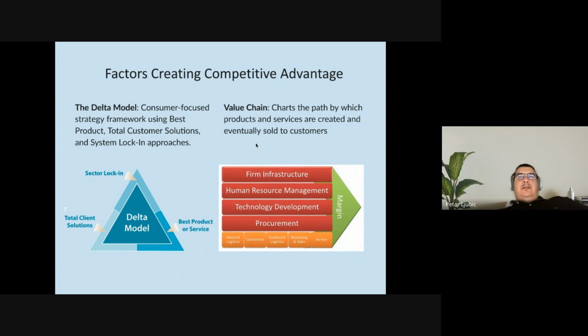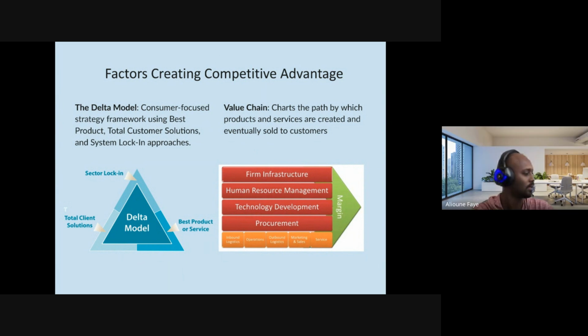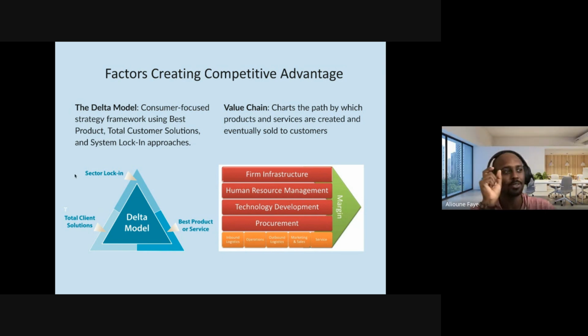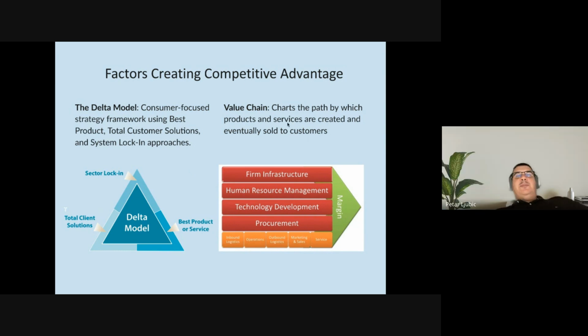I'm familiar with that. Peter, do you want to quickly summarize what the value chain is without reading this? Yes. The value chain is basically what you add to your brand or business. For example, what kind of value you're giving to the market that your competitor is not giving.